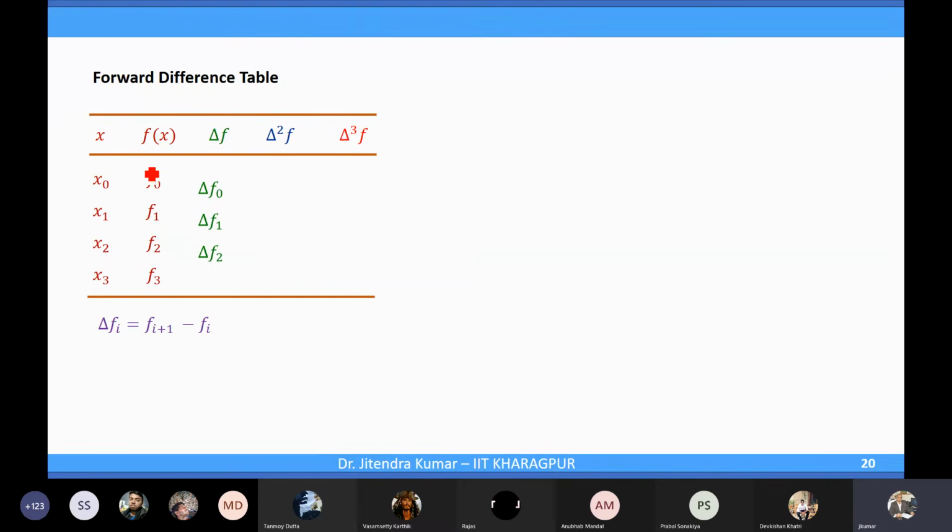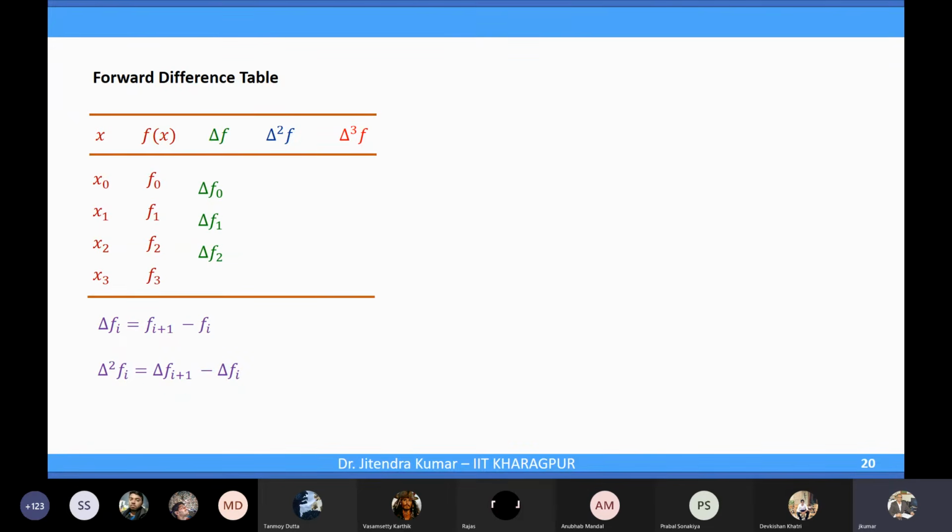So once you have these values, you subtract this one from this one, this one from this one, and this one from this one. You get the next values. Now coming to the higher order. Higher order was delta 2 fi, that means delta fi plus 1 minus delta fi.